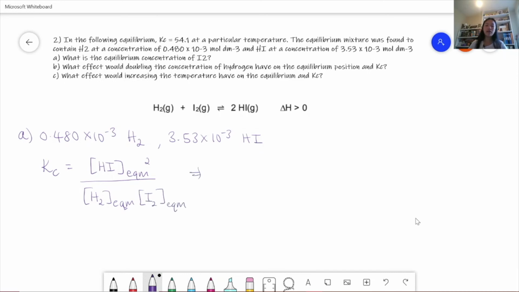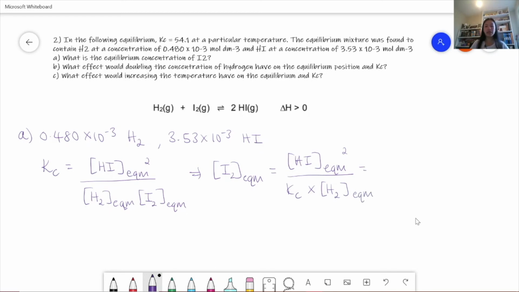If we rearrange this formula, we can find the equilibrium concentration of the iodine. It is equal to the concentration of hydrogen iodide squared at equilibrium divided by Kc times the concentration of hydrogen at equilibrium.